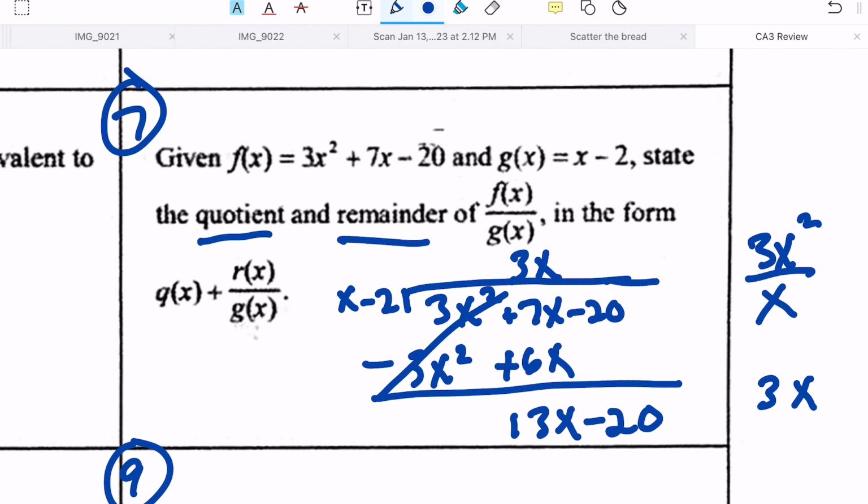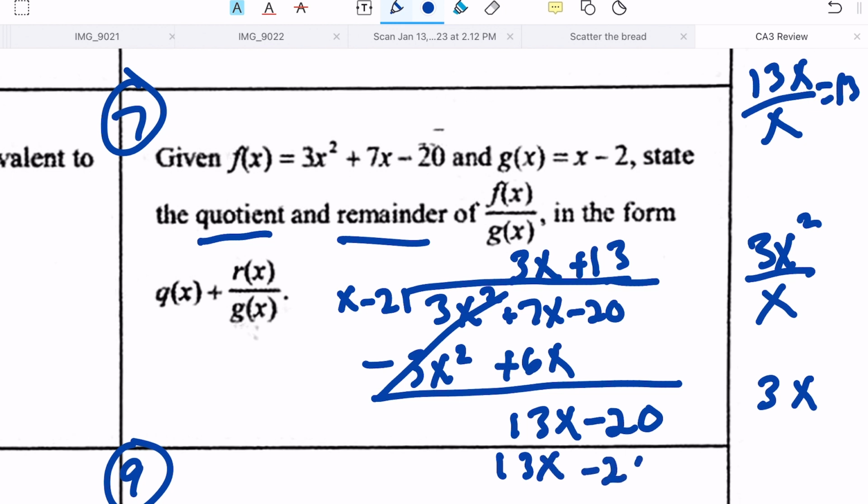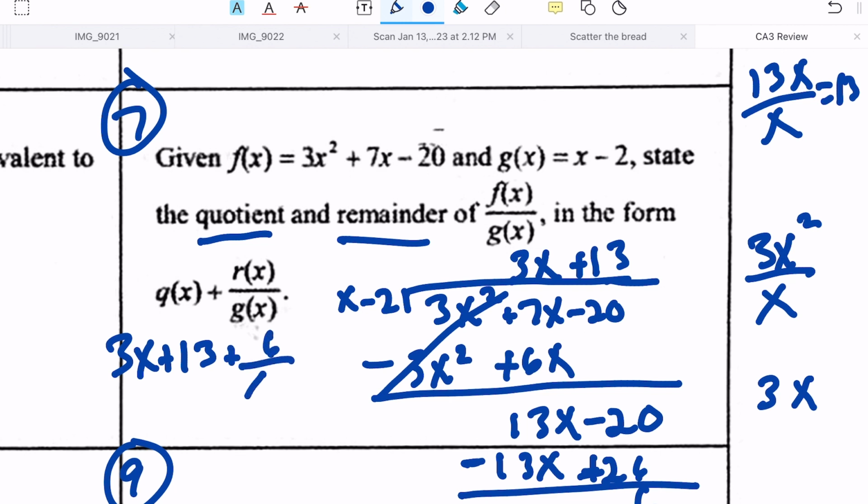Well, 13x divided by x, that's 13. So positive 13. 13 times x is 13x, 13 times negative 2 is minus 26. So this becomes negative, this becomes positive. So that becomes 6. So that's going to be 3x plus 13 plus 6 over x minus 2.